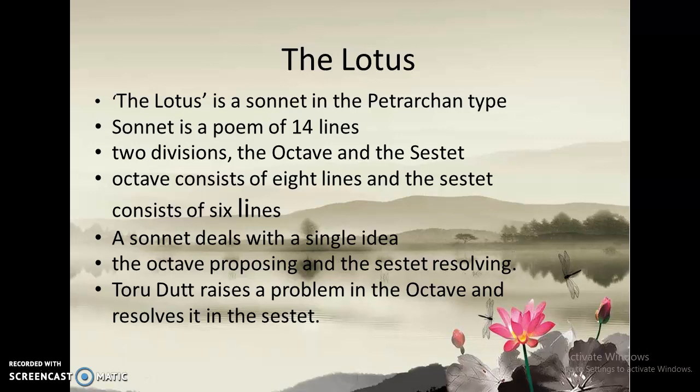In a Petrarchan sonnet, the 14 lines of the poem are divided into 2 divisions, the octave and the sestet. The octave consists of 8 lines and the sestet consists of 6 lines.